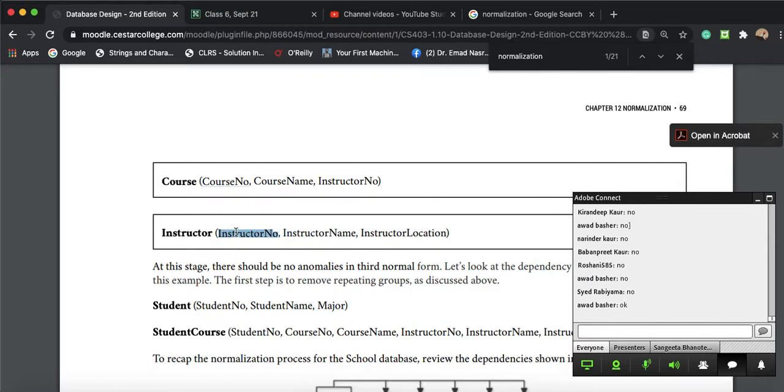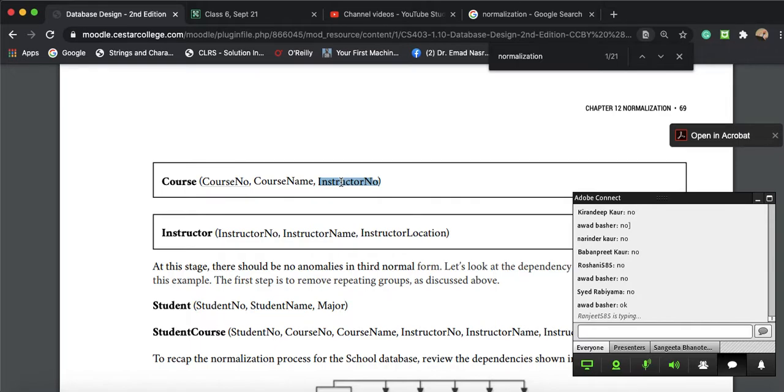Do we have any transitive dependency? No, because instructor number depends directly. Instructor location depends directly. Course name depends directly. Course instructor number depends directly. You may tell me here for the course table, if we add a new course, we must enter an instructor number.